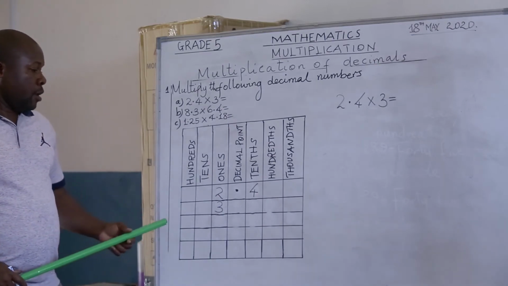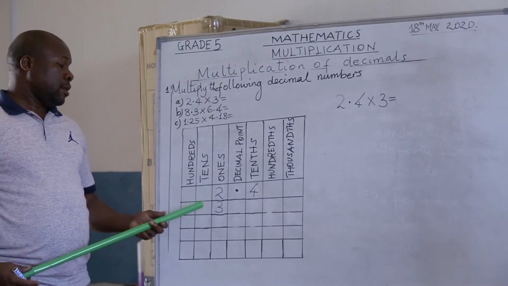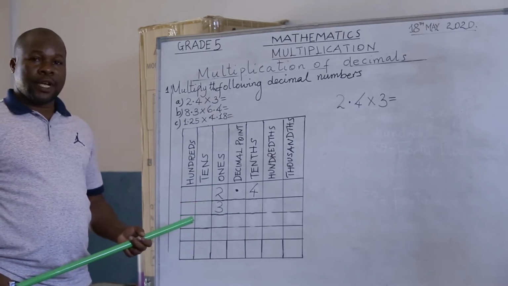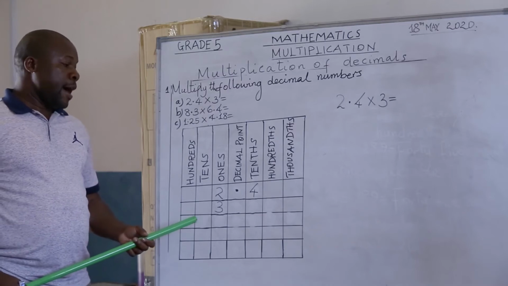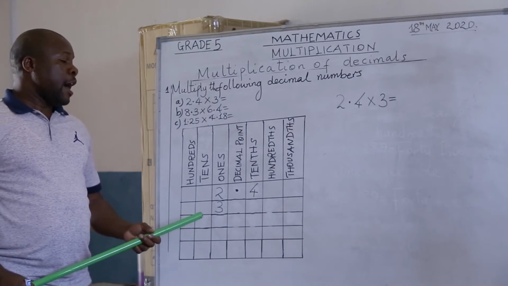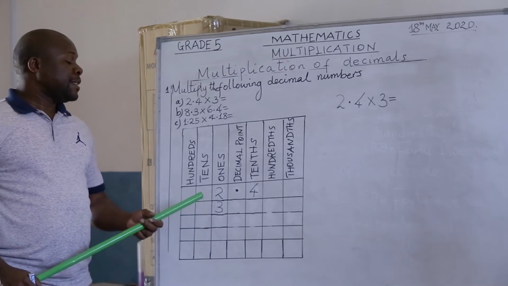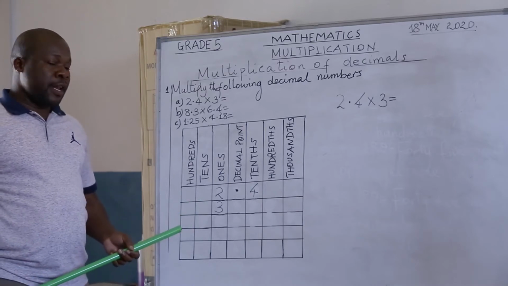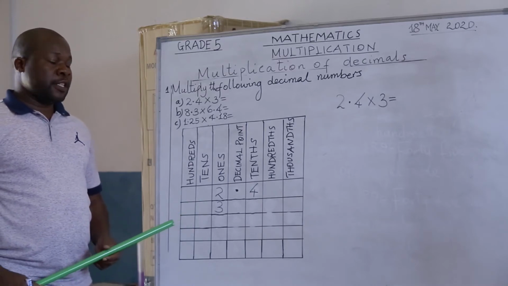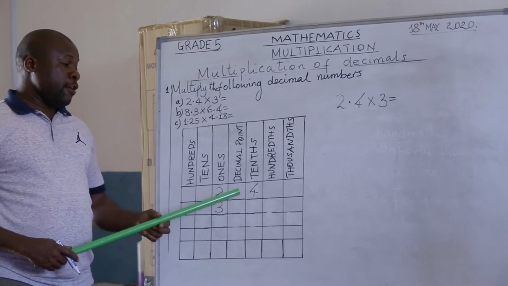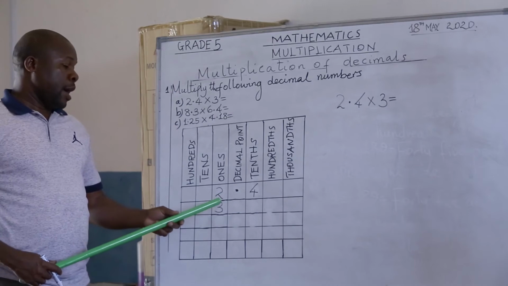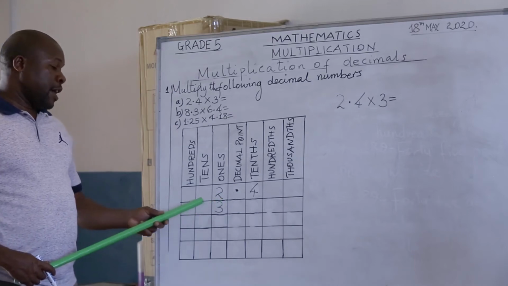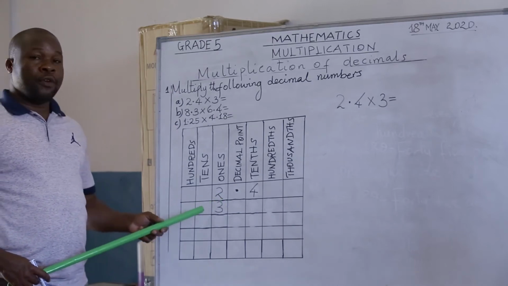Now, let us look at these numbers inserted in the place value chart and check how many numbers are on the decimal side. The decimal side of the place value chart is on our right hand side, while the numbers on the left hand side are the whole numbers.